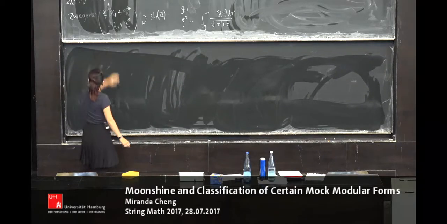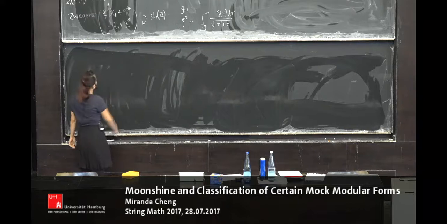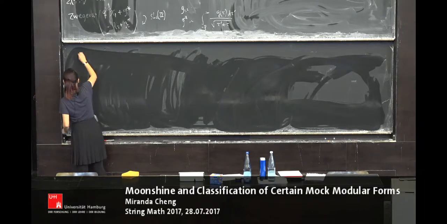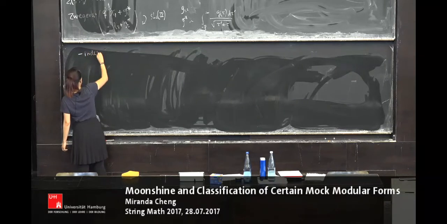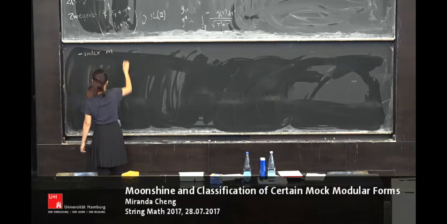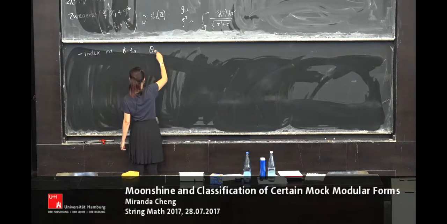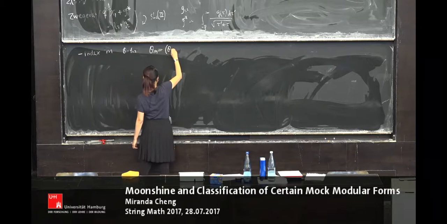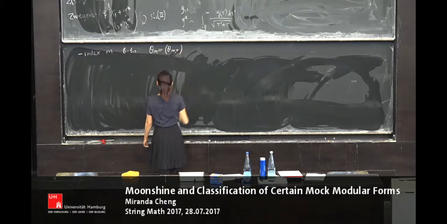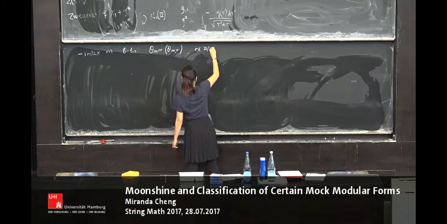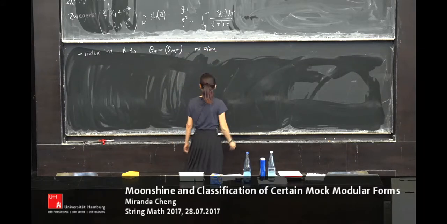So for any positive integer m, we introduce first the index m theta function. We denote theta_m, which is a vector with 2m components.